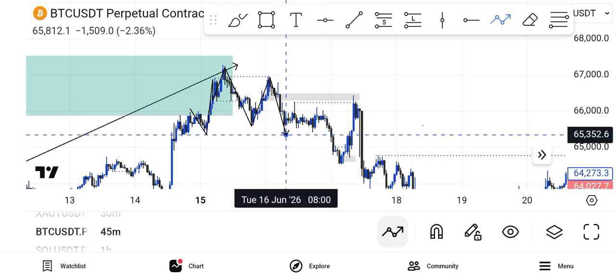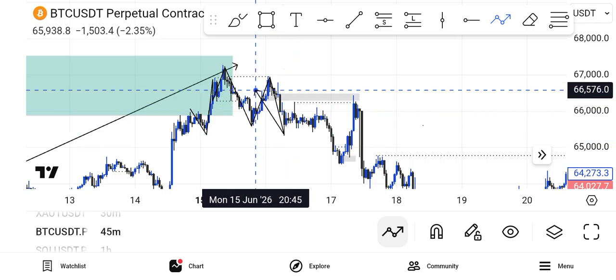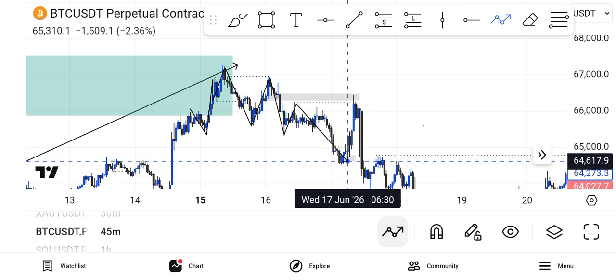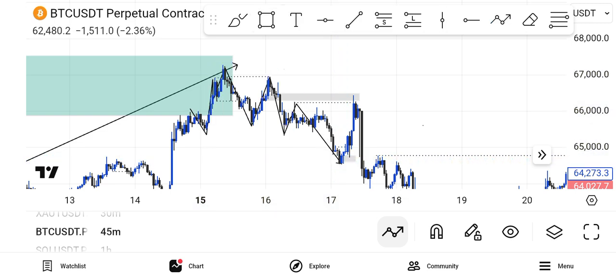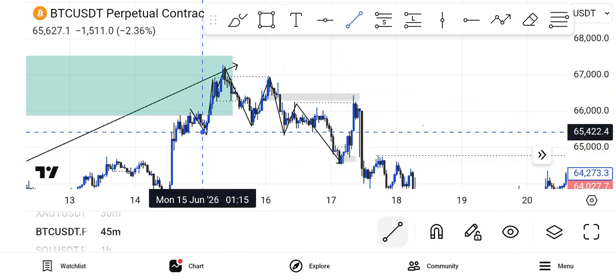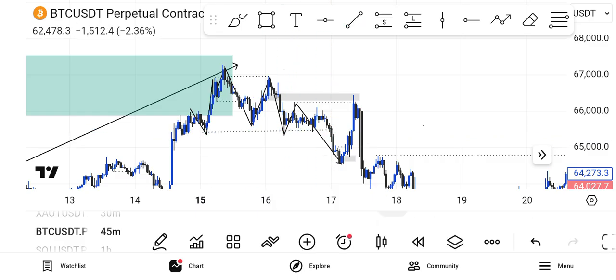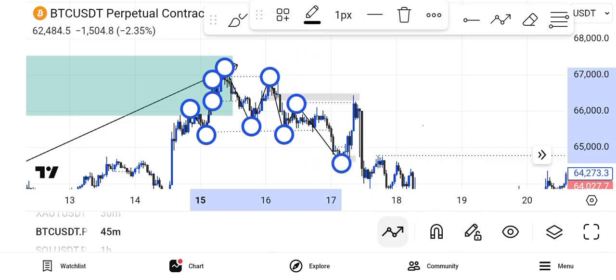At this point here, the market created this low, created a high, created a low, created this low, now taking out this major low that we now have here again. And this is just telling us that our structure now is bearish.